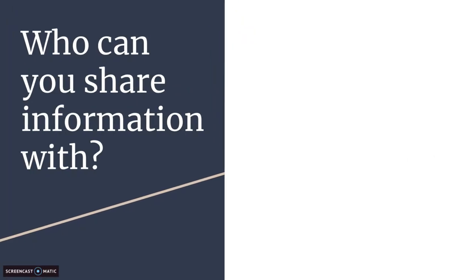So who can you share information with? This seems like a lot of, I have to keep everything a secret. There are certain people that information can be shared with. Some of those people might include, and this is not a limited list, and all of these people are considered school officials.